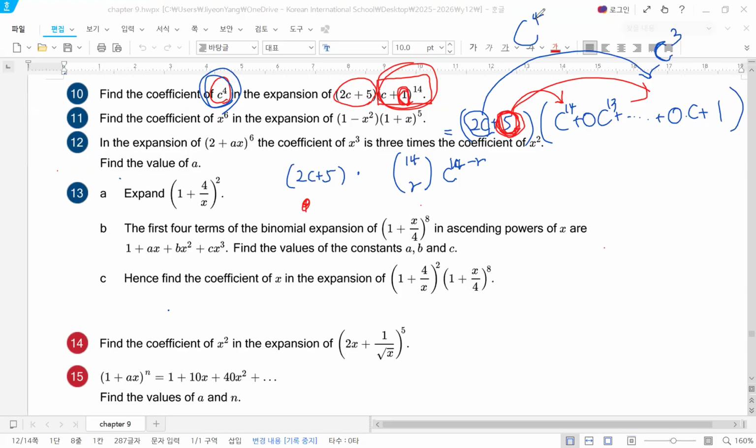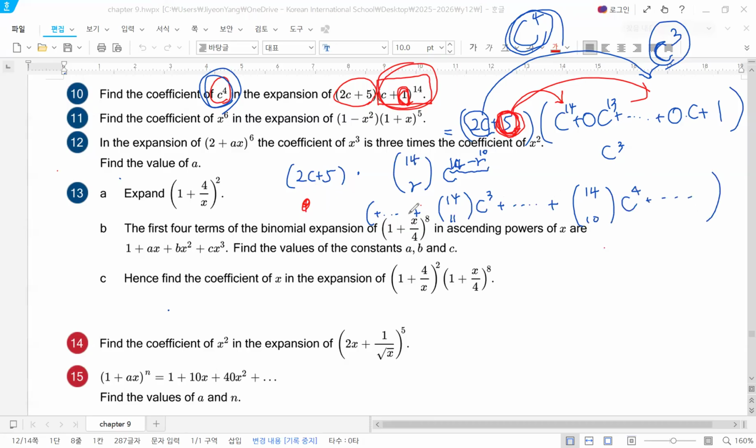Since we are looking for the term c to the power of 3, that is when r equals 11. So 14 choose 11 times c cubed, plus something. Then we need to find c to the power of 4, which is when r equals 10. So 14 choose 10 times c to the power of 4, something.